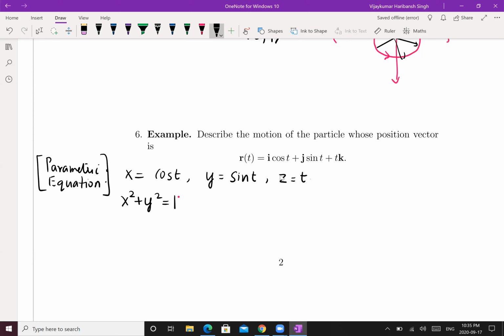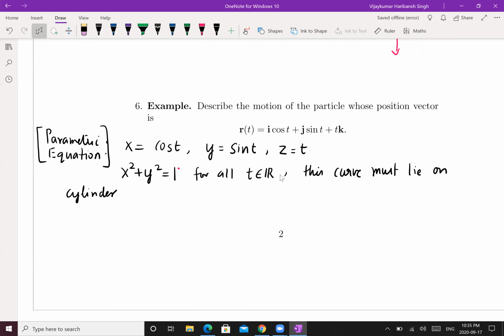So the idea is for all values of t, for all t belonging to R, therefore this implies that this curve must lie on a cylinder.